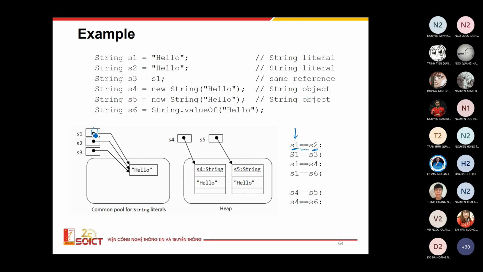You see they refer to the same object. So the result here is true. Again, for S1 and S3 it is true. S1 here and S4 here refer to two different objects, so it is false. And later you will have the result for this.